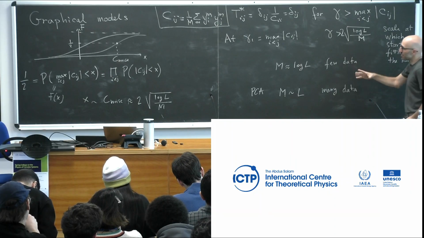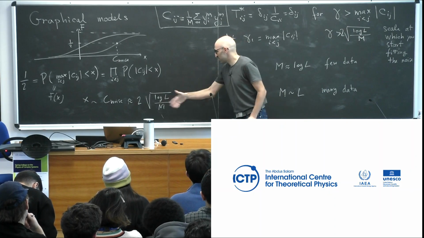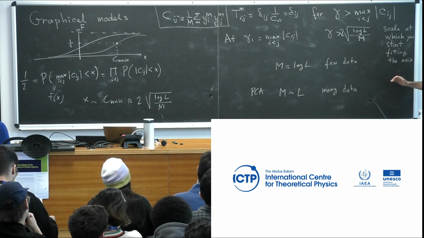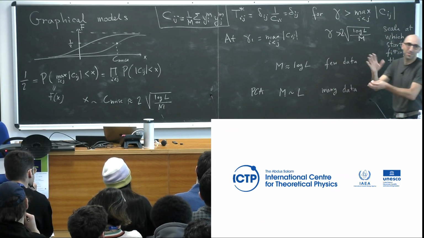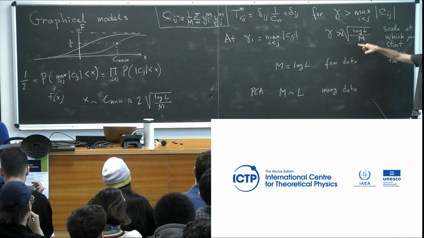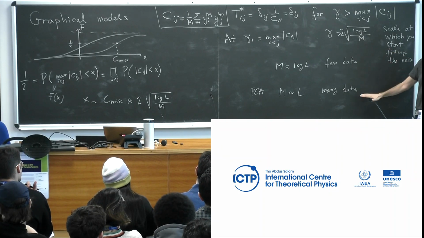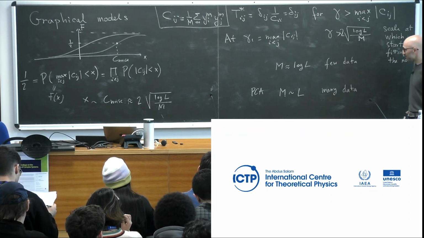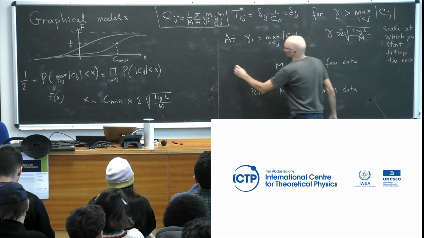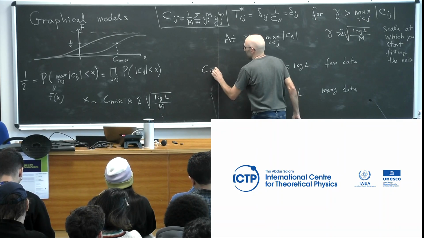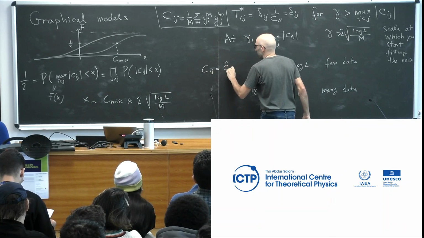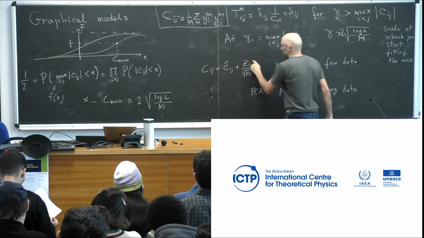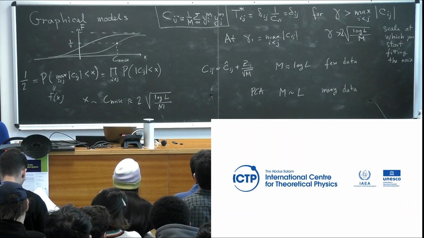With few data, you can realize that if there is noise, the noise goes away. But if you want to compute the principal components of T, you need much more data. You need of the order of L data. Why? Because once again, Cij is the true one plus a number of order 1 divided by square root of M.